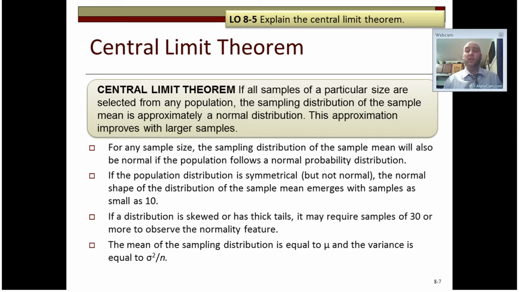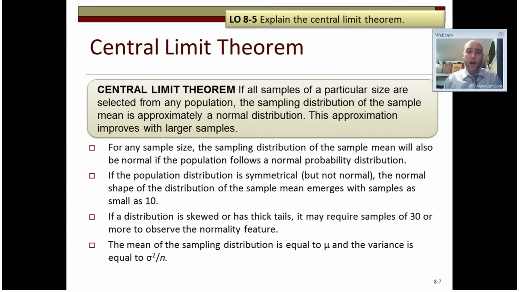However, if we were to start with the population of something that is normally distributed, we'll get to an example later, something like intelligence quotient, IQ, which we know to be normally distributed in the population, when you create your sampling distributions of sample means, any sample size of 2, sample size of 3, small sample sizes, your sampling distribution down at the bottom will be normal. So if I start with something that is normal, my sampling distribution of sample means will be normal. Well, that makes sense. I'm taking a bunch of things from one distribution, I'm going to make another distribution. It should probably look like the previous one.